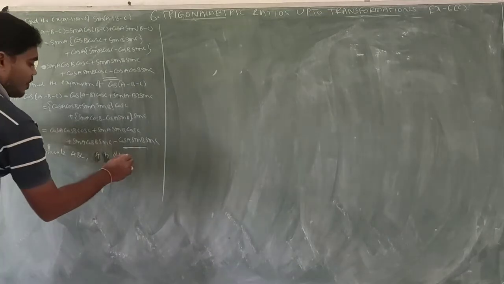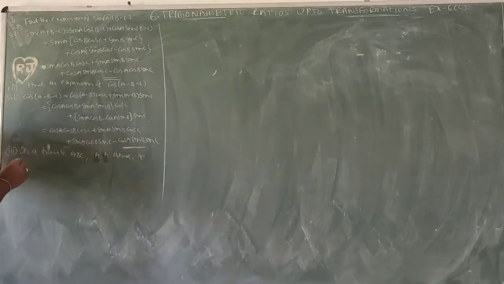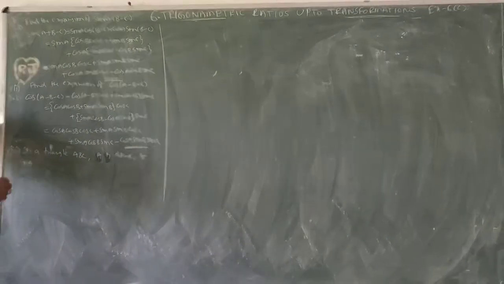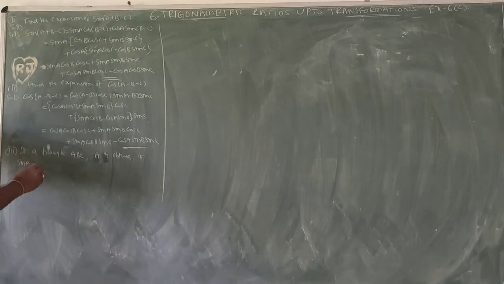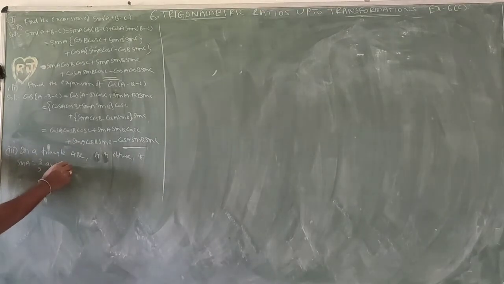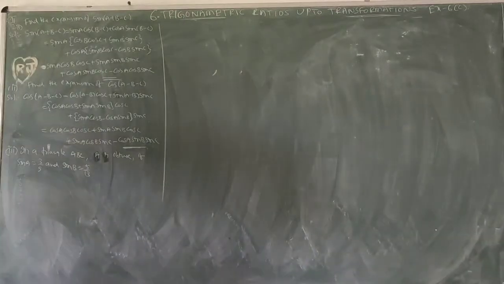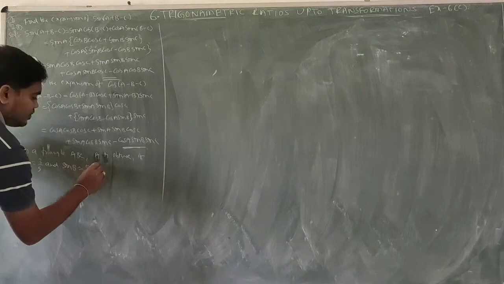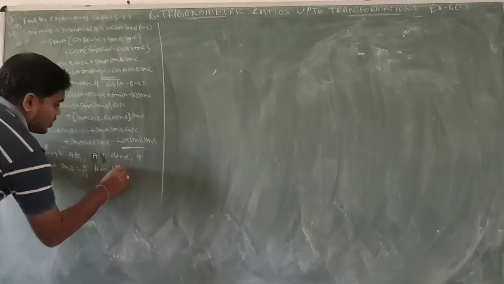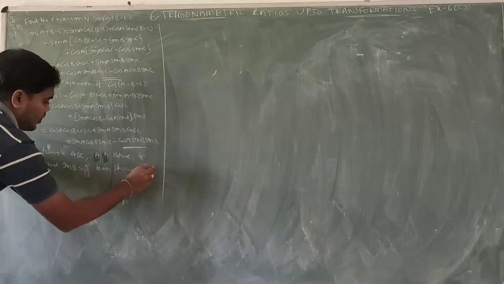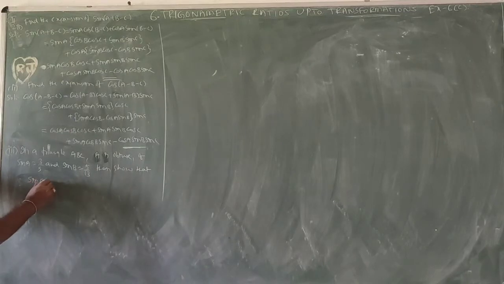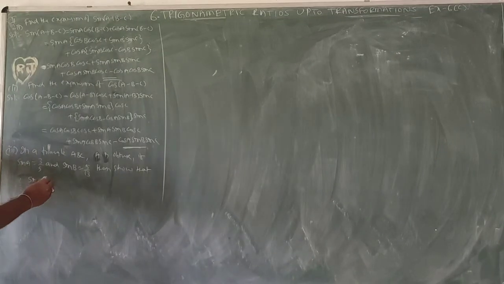If sin A equal to 3 by 5 and sin B equal to 5 by 13, then show that sin C equal to 16 by 65.